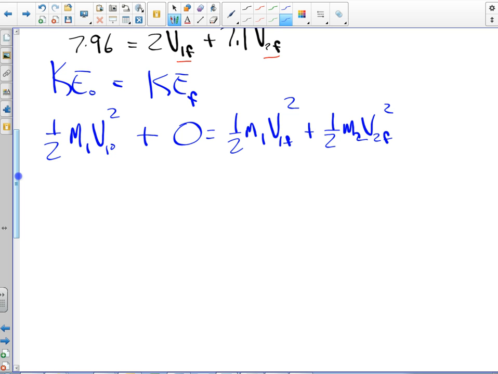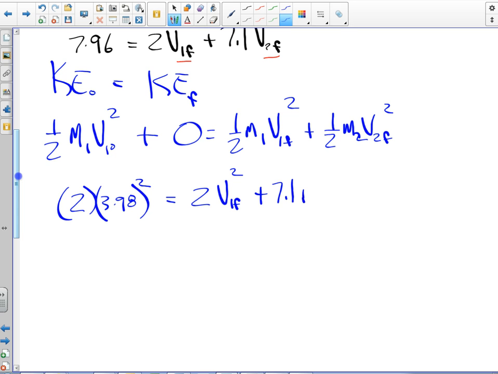Quick inspection, we can multiply everything by 2 to get rid of the halves. That's not a problem. So the halves go away. And I end up with m1 is 2 kilograms times 3.98 meters per second, but the whole thing's squared, equals 2 times v1 final squared plus 7.1 times v2 final squared.